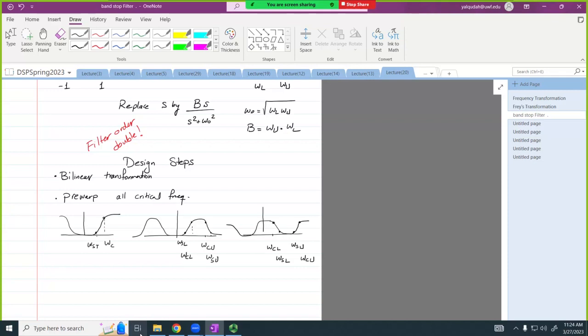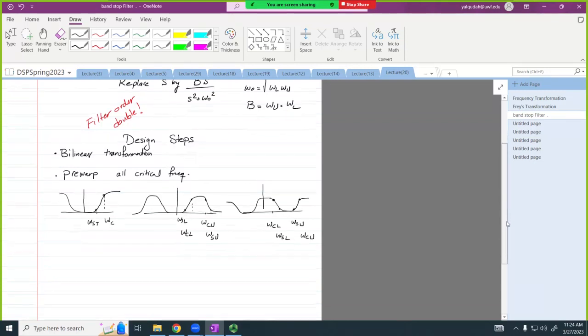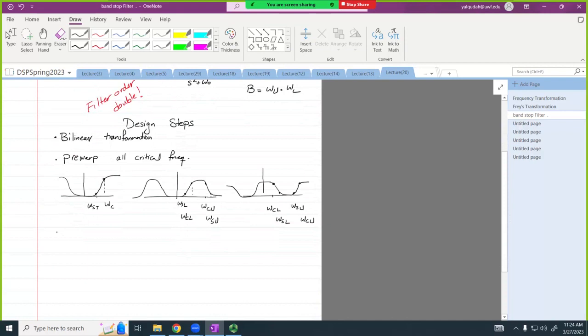Okay, so after we pre-warp all the frequencies, we're going to map the pre-warped frequencies to an equivalent low-pass filter.